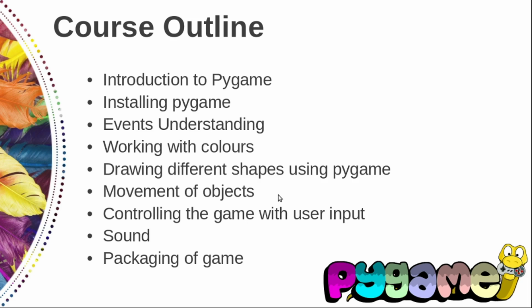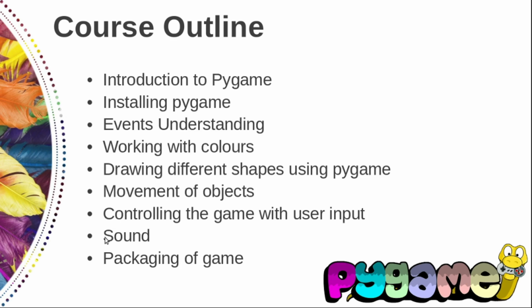And after that we will learn how to control these moving objects or images by using user input, which may be given by mouse, keyboard, joystick. And then we will see how to add sound effect in the game.